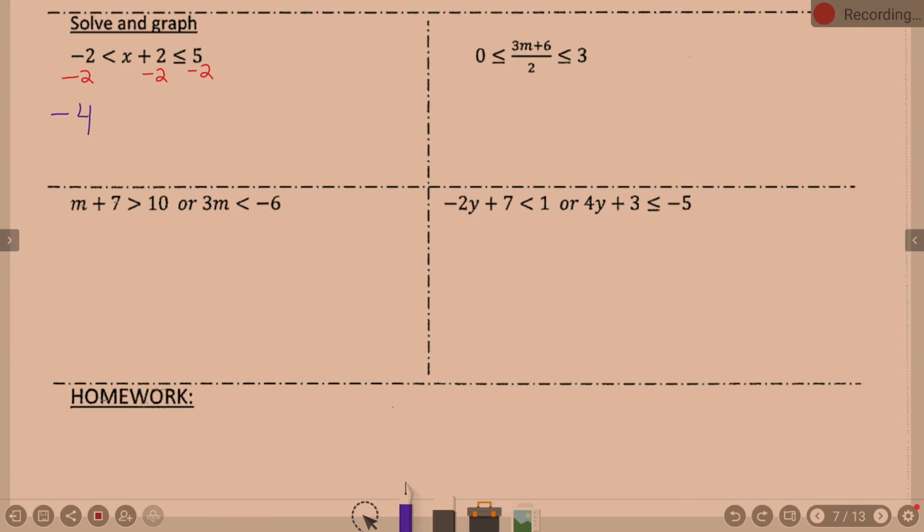I'm going to carry down my less than sign, and carry down my x. 2 minus 2 will cancel. Carry down my less than or equal to. And then 5 minus 2 is 3. Is my x by itself in the middle? Yeah, it is. So that's the answer.